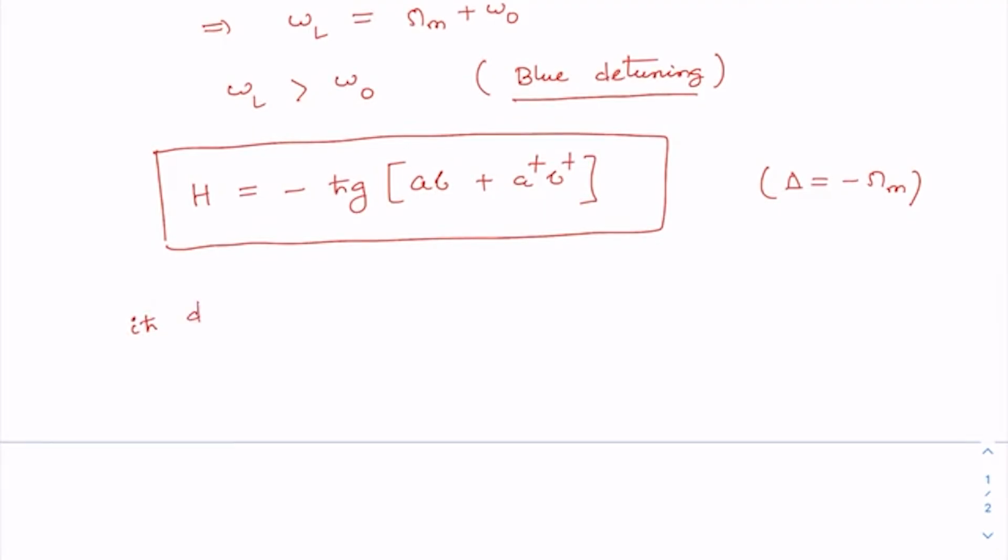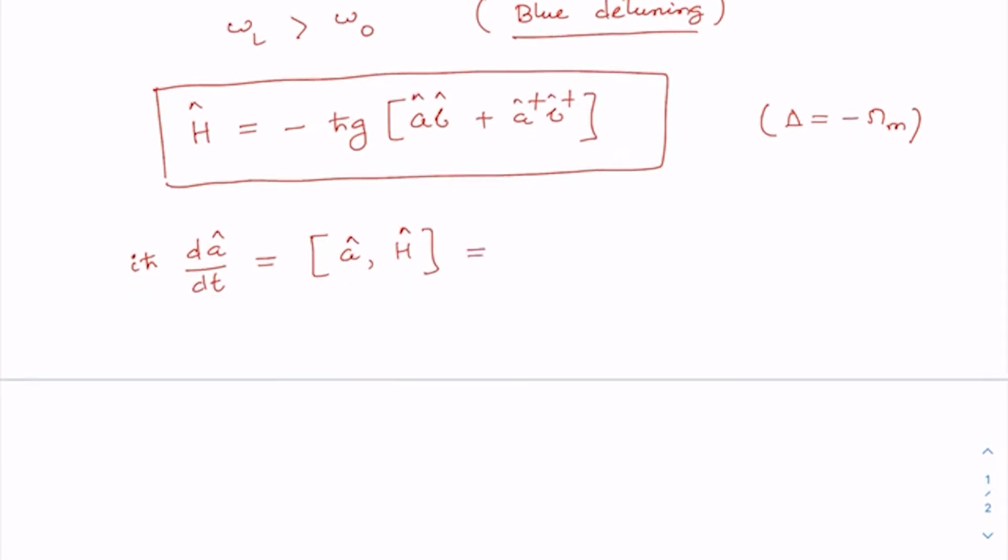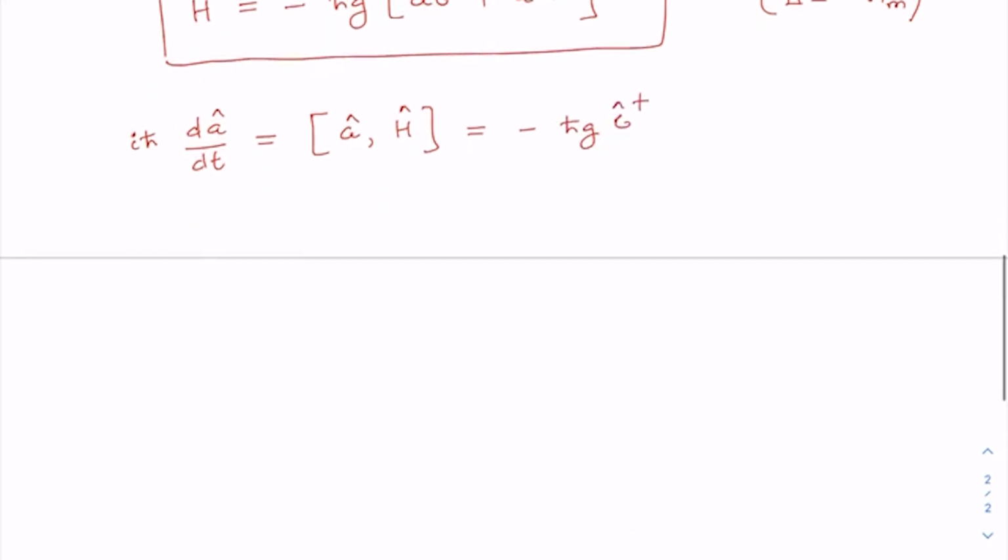So the Heisenberg equation for mode a: i h cross dA/dt is equal to the commutator of a with H. This gives minus h cross z b dagger, and therefore we can write dA/dt is equal to i z b dagger.